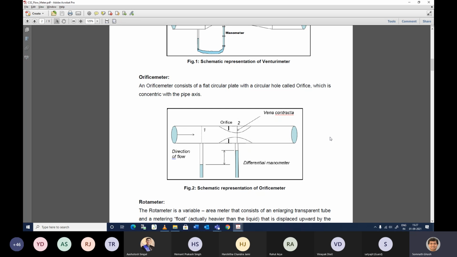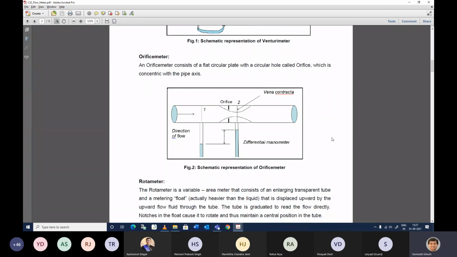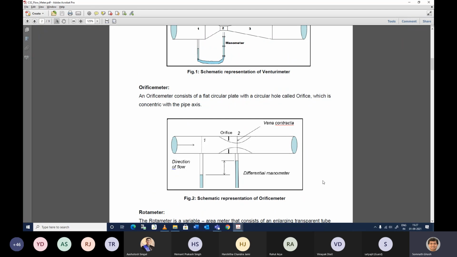But anyway, those instruments are rigorously used in industry, also for gas flow, for measuring the volumetric flow rate. And same as with the venturi meter, you measure the volumetric flow rate and the height difference in the manometer.